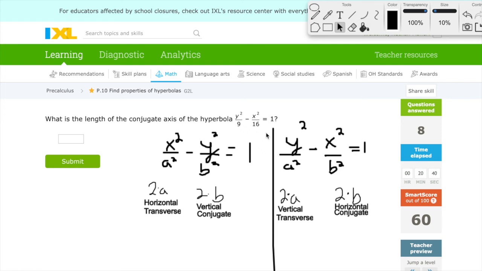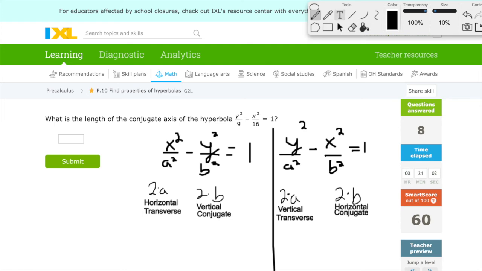We said we have this version because our y comes first. We want the conjugate, so we're looking for 2 times b, so we need to think about what b is. If this is 16, we need to think about what squared gives me 16. So in our case, b is 4.